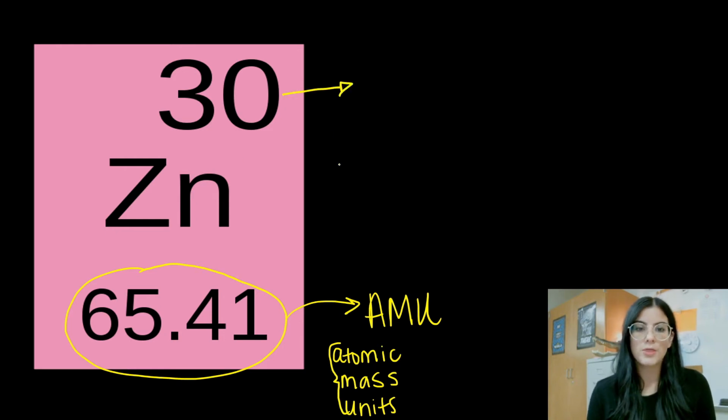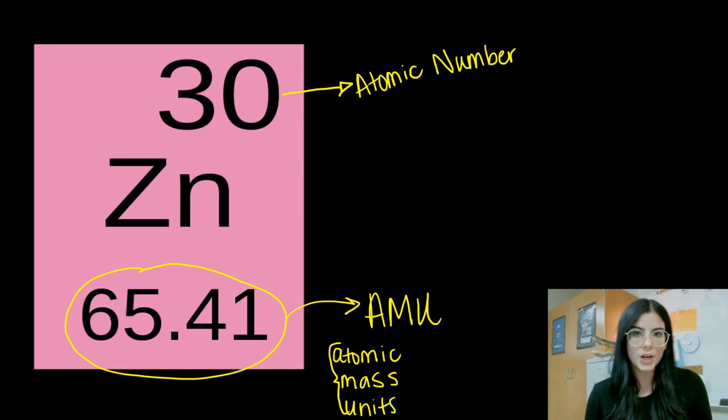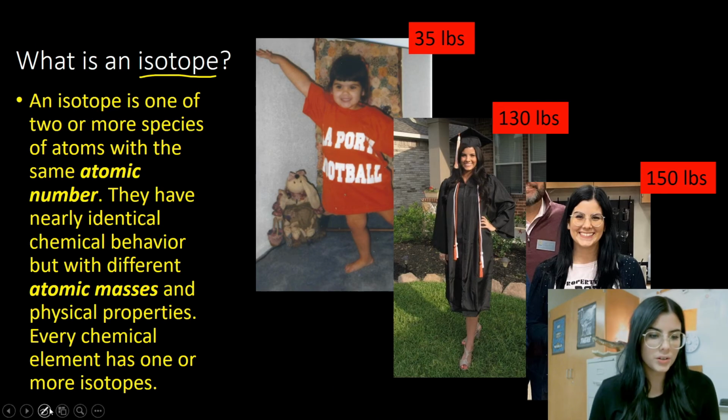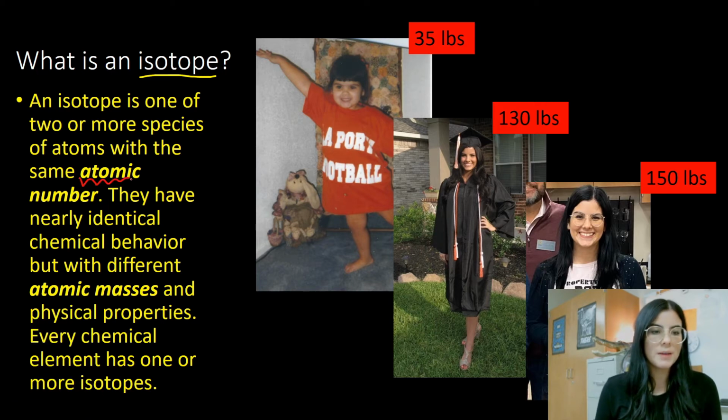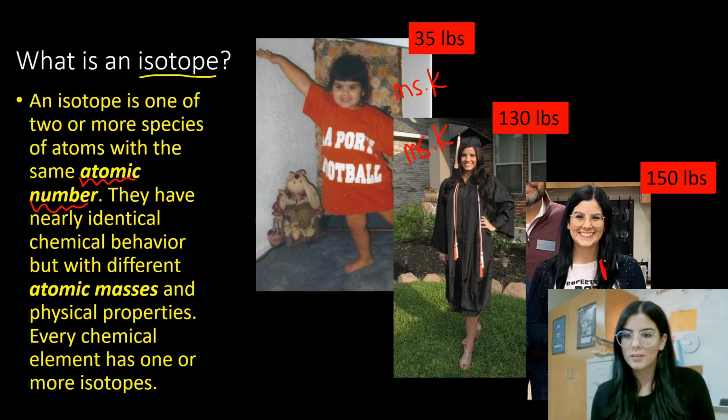Now let's talk about this number 30. 30 is the atomic number. And if you remember a second ago, we said isotopes have the same atomic number. So again, every person in these pictures is named Miss K. All right.